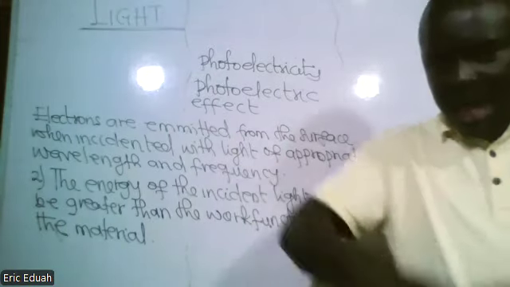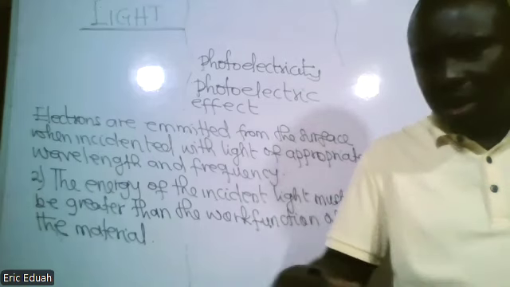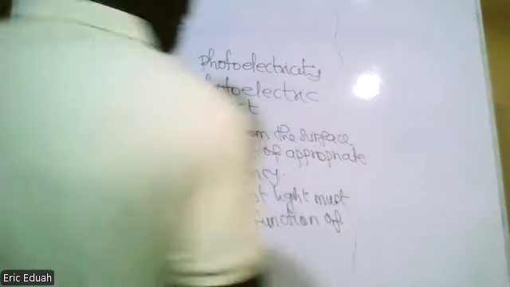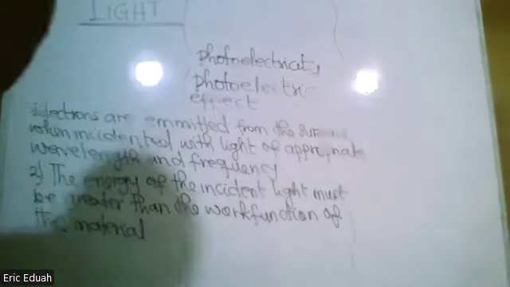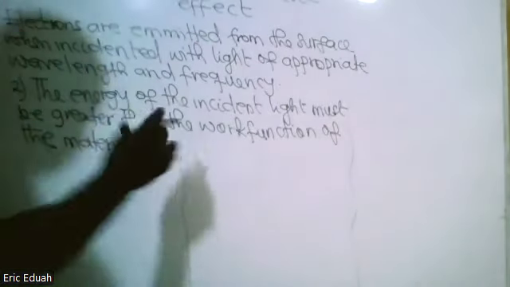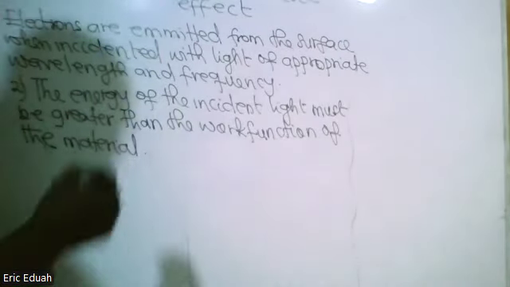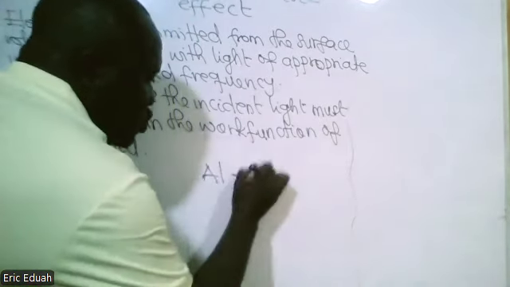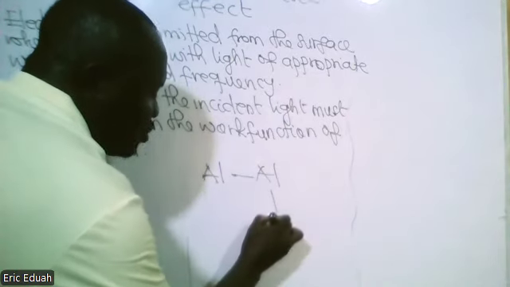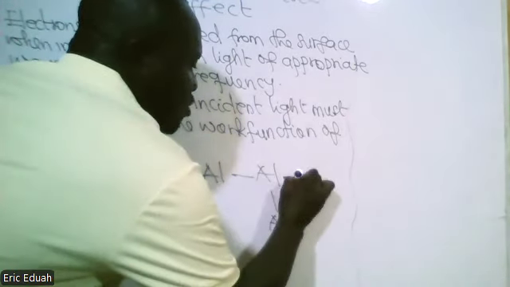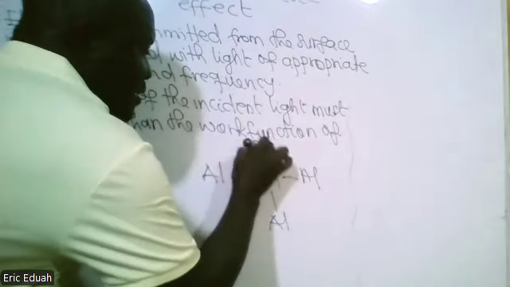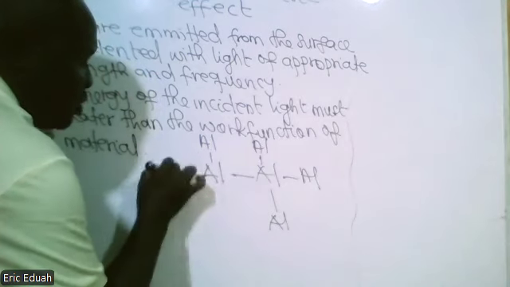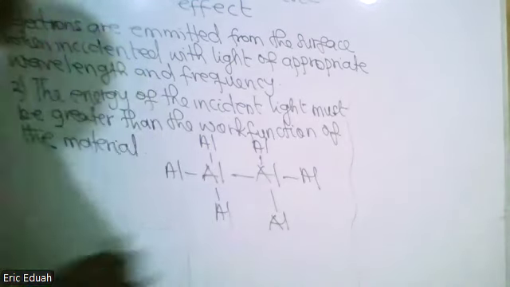Materials become material as a result of the bonding of atoms. So if we are talking about the material aluminum, it comes to being as a result of the bonding between aluminum atoms. Several aluminum atoms are bonded covalently to form the structure.